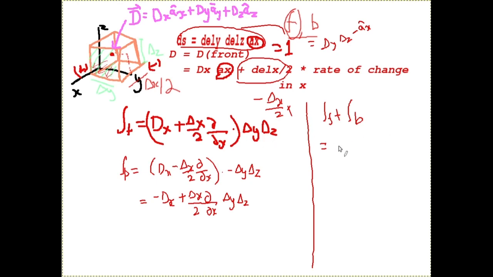Which is nothing but the partial differentiation of Dx, ∂Dx by ∂x, into delta x delta y delta z.